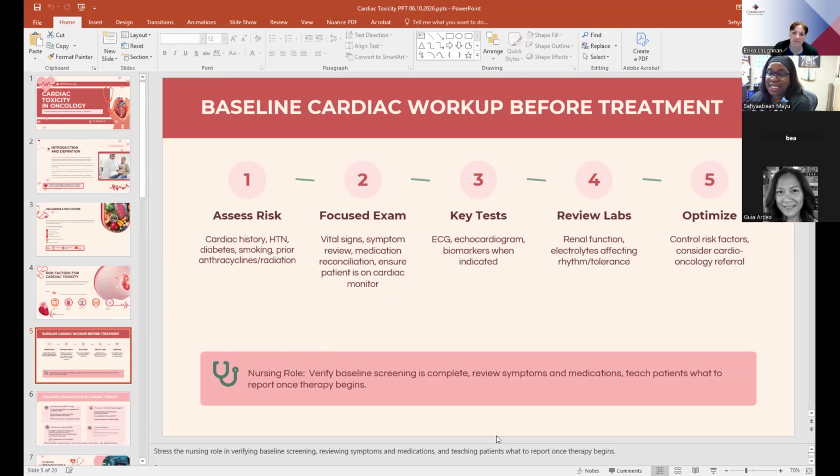So then key tests that we want to look into for these patients for their workup are echo, ECG, or any type of biomarkers. We're going to review labs, their renal function, electrolytes, and then we want to control risk factors that are associated with their treatment.